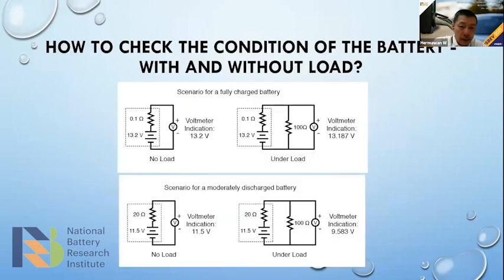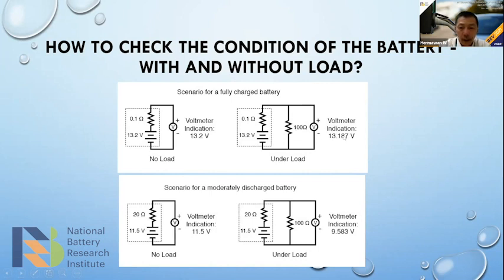And then we go to the measurement with and without load. We must understand that when we measure the voltage of the battery, basically we measure the nominal voltage of the battery together with the internal resistance. The meter will show you 13.2, but if you apply a load, it will be different.